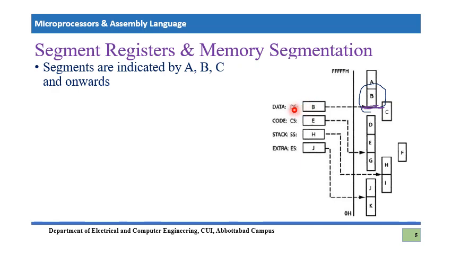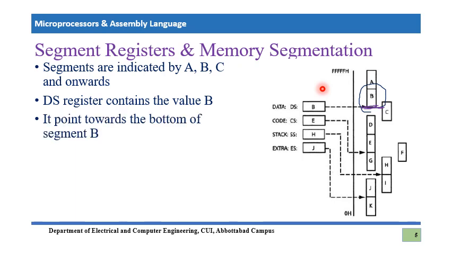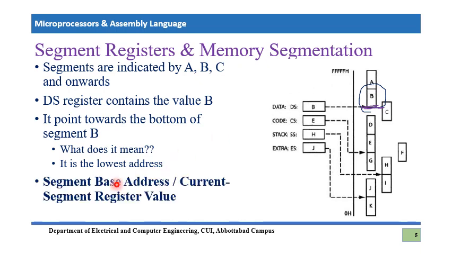So the data segment register has the value B, which means it is pointing towards the bottom of the segment B. What does that mean? It means it is pointing towards the lowest address of the segment, and that lowest address is called the segment base address or the current segment value.